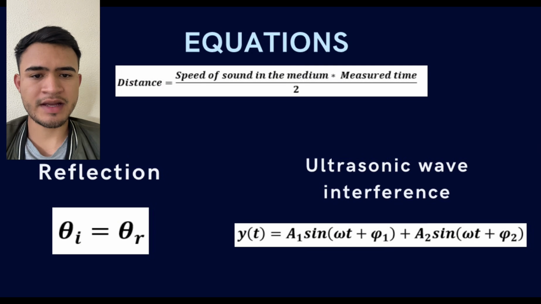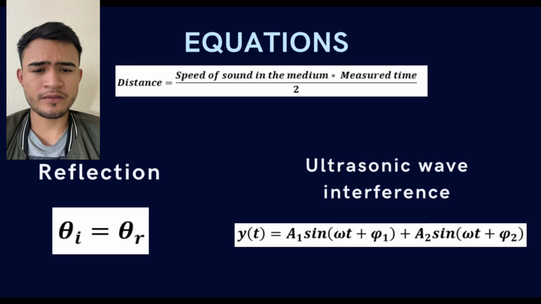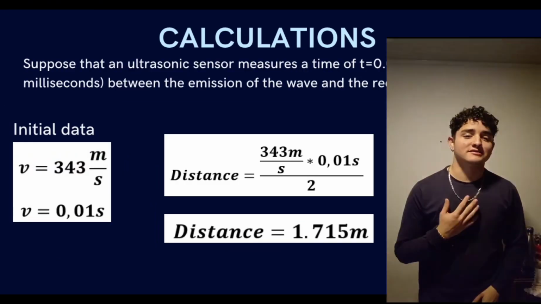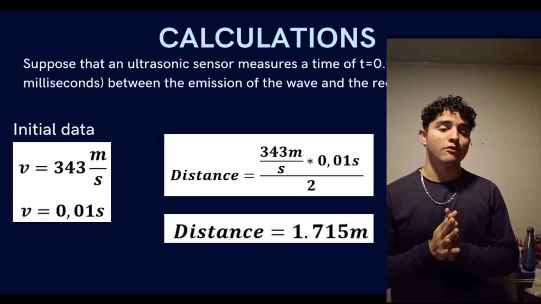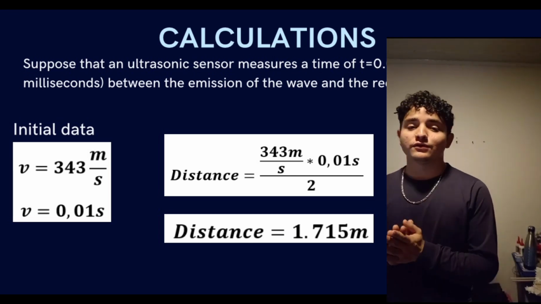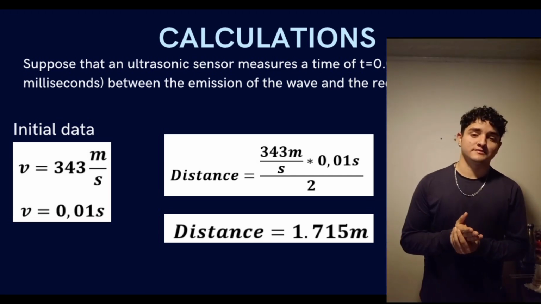This is multiplied by the measured time, which refers to the total time it takes for the ultrasonic wave to travel from the sensor emitter to the object and return to the receiver, and since we are interested only in the distance of one way, from the sensor to the object, we divide the total time by 2. Calculation. Here we have an example of how the equation is applied to calculate the distance.